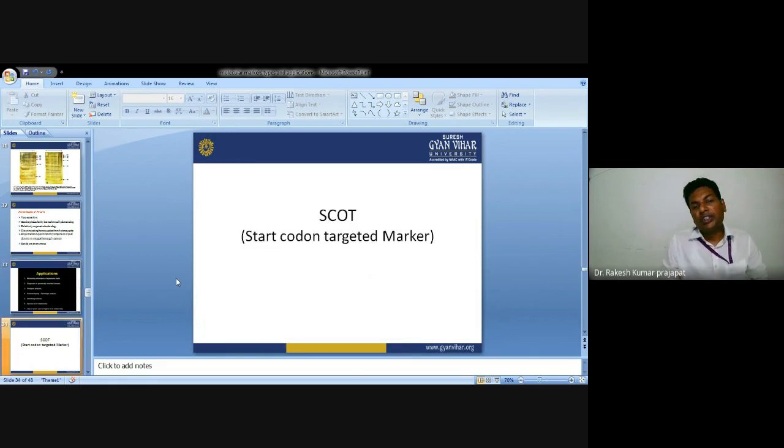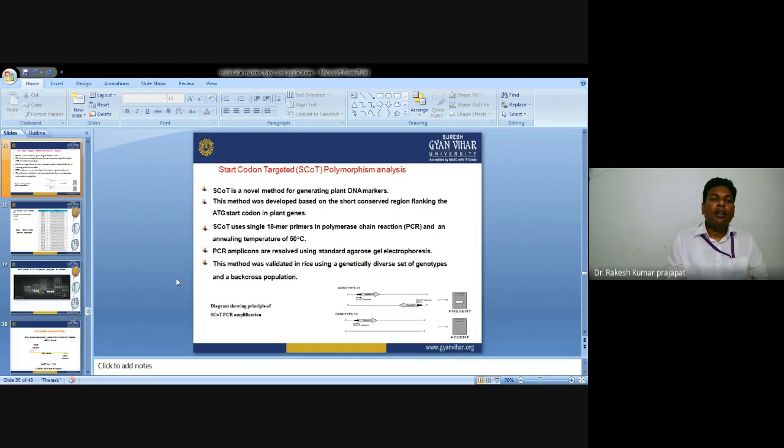Four, start codon targeted marker polymorphism analysis. SCoT is a novel method for generating plant DNA markers. As the name itself says, start codon means we look for polymorphism near the sequence of the initiation codon.